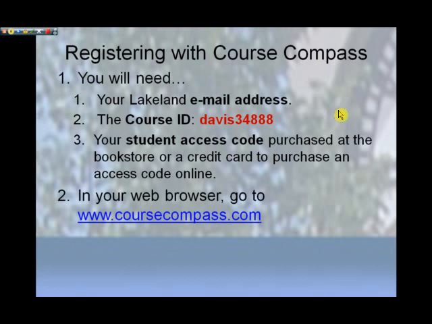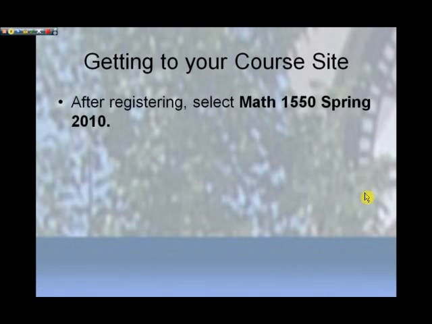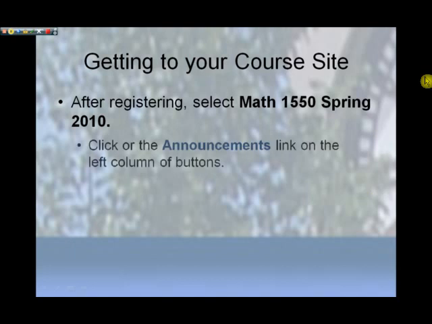So like I said before, once you get those three things put together, go to www.coursecompass.com, click on Register Student, and then it'll walk you right through the process. Now, once you register, once you enter your course ID, you'll see a link that says Math 1550 Spring 2010.